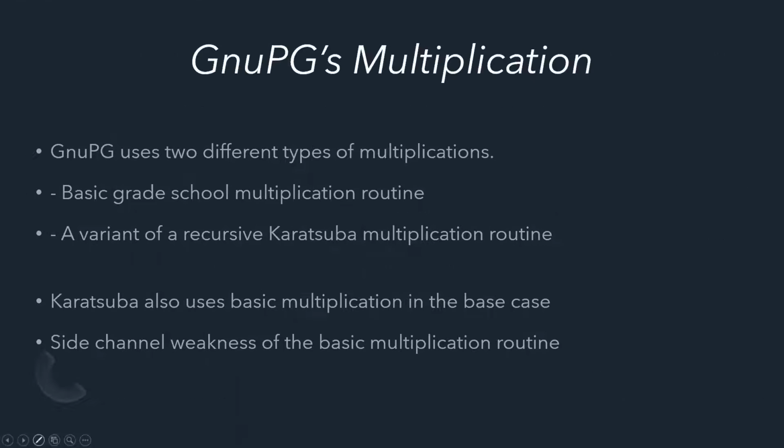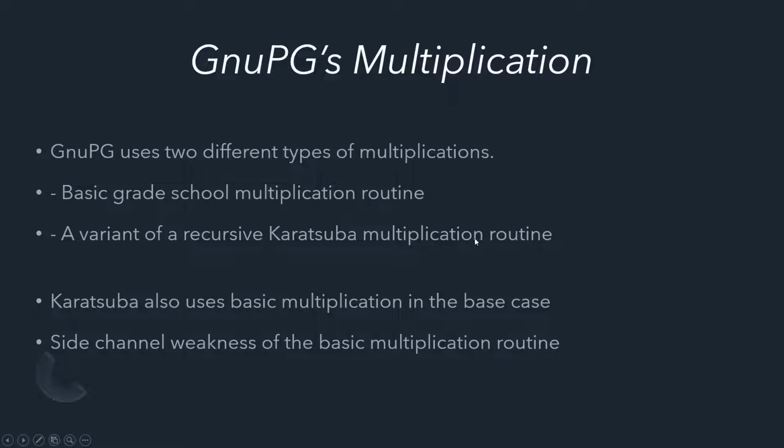I'm going to explain how the GNU-PG's multiplication routine works, because as Saddam said, getting Q is one of the key factors in this attack. GNU-PG uses two different sorts of multiplication. The first one is basically the grade school multiplication routine, the way we have all learned to multiply numbers. And the second one is a variant of the recursive Karatsuba multiplication routine.